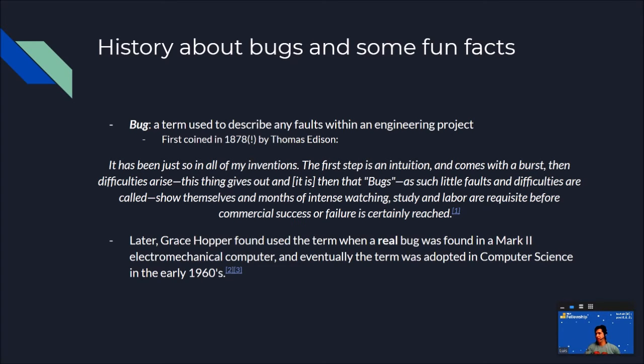The actual term bug was coined for computer science when a Mark II electromechanical computer had a moth stuck in one of its capacitors, which was halting proper functionality. Later, the term was adopted into computer science in the early 1960s.